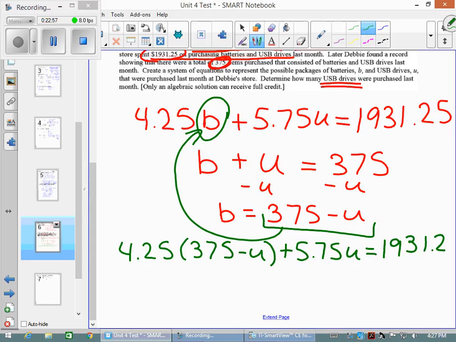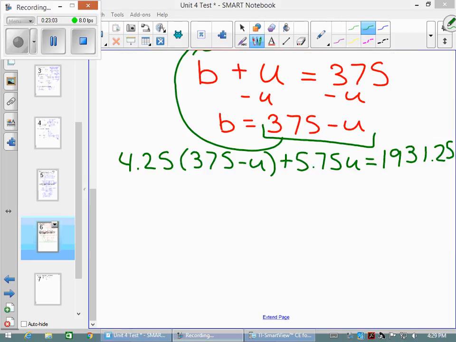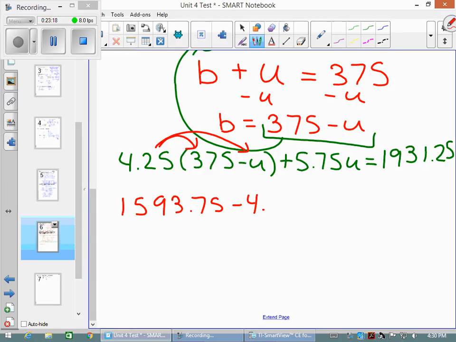Okay, so if we want to solve this, we now need to take this 4.25 and distribute it to both numbers. So we get 1593.75 minus that 4.25U plus 5.75U, and that equals that same 1931.25.